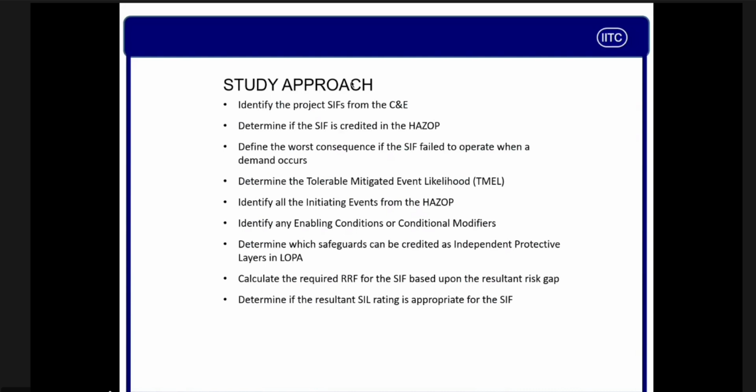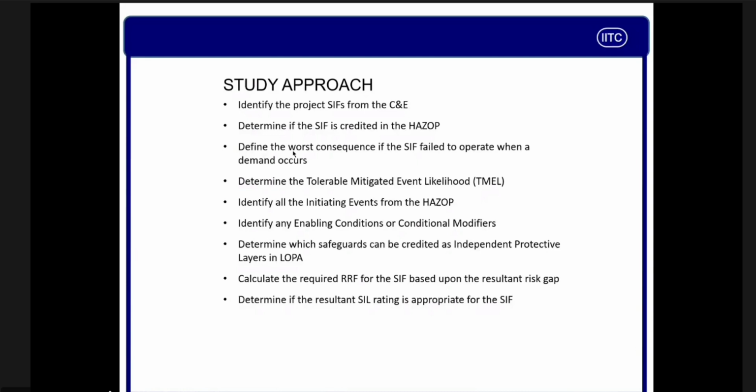So guys, these are very simple steps. First of all, we need to identify all the SIFs from the cause and effect. To be honest, we have done this process during our alignment with the help of our team from NP. We will also take help from the HAZOP, because HAZOP was done for this scope. After that, we will identify the worst case consequences, because we should be ready for the worst case. What is the worst case and where will we get it? The worst case has already been identified in the HAZOP session.